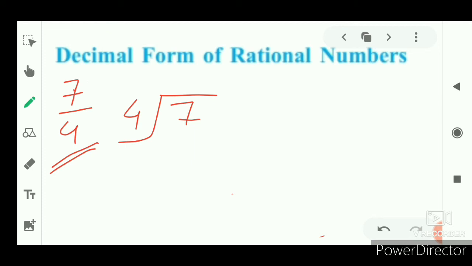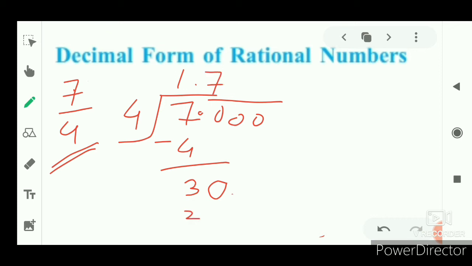Okay, so 4 ones are 4, then 3 is remaining, then we will take a point here and here also we will take one point here, then 4 sevens are 28, two is remaining.